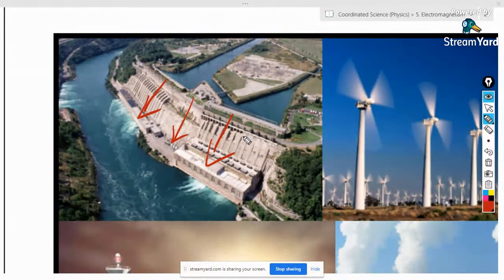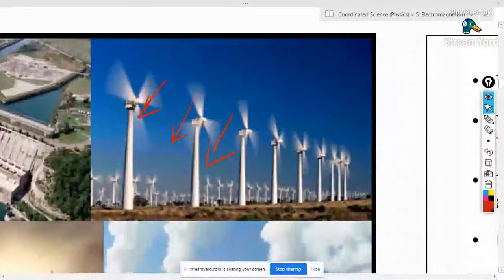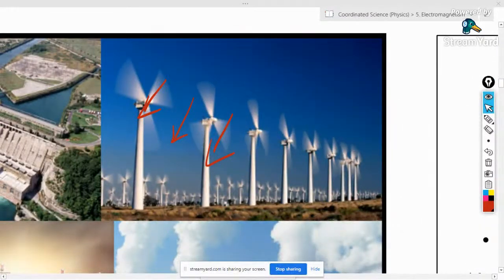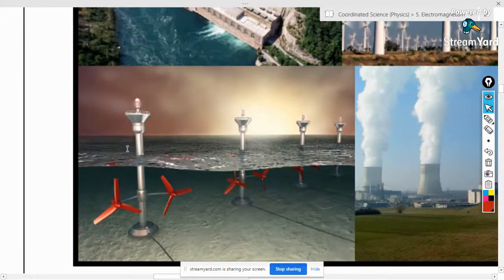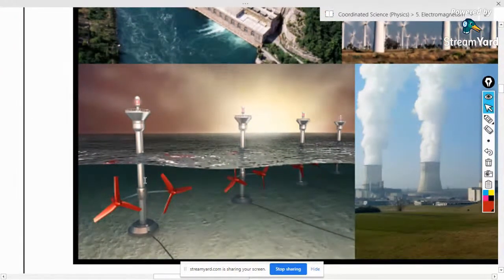Same thing over here, where there are wind turbines. Wind turbines use the wind's energy to turn these turbines, and that turns a generator. Same thing down here, where we have tidal generators. They use the energy from the tides going in and out every day to spin these little turbines that turn a generator.